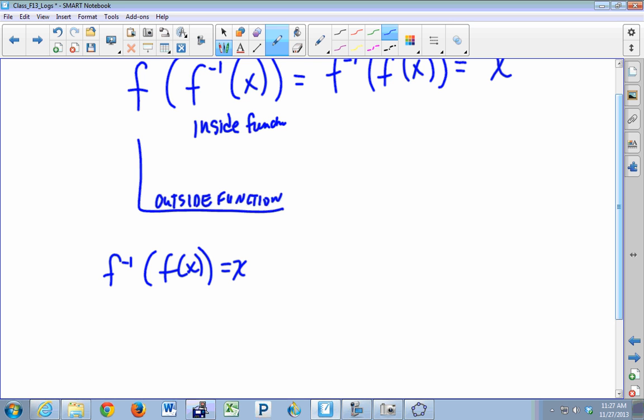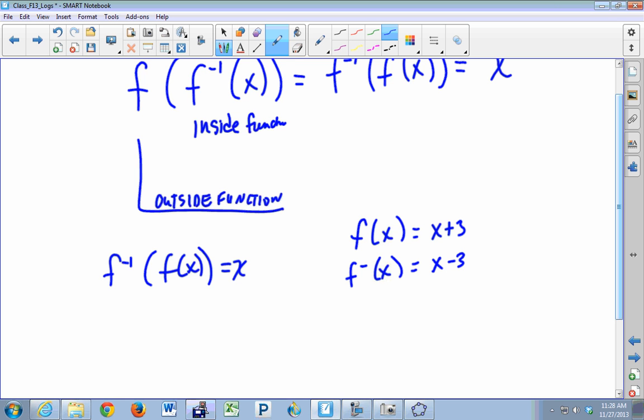Let's go back and play with two functions real quickly that we know are inverses of each other. Let f of x be x plus 3. What would be the inverse of x plus 3? How do you undo adding 3? You subtract 3.